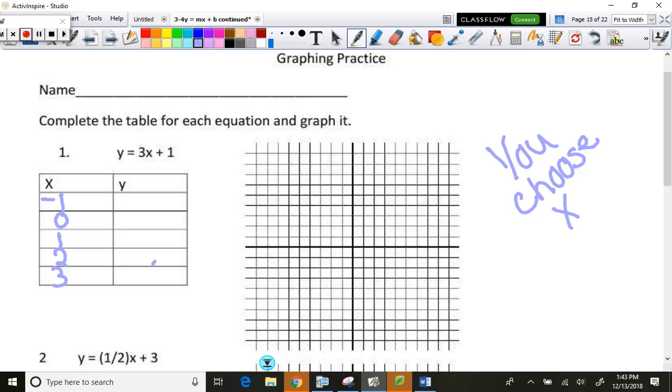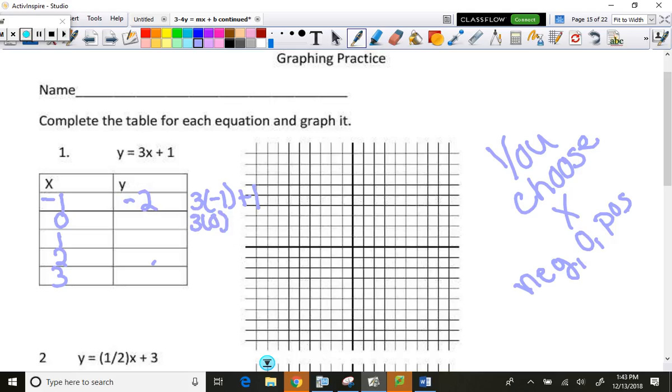When you choose the x, you should have negatives, 0, and positives. So now I calculate these by substituting this x value in for x. So it's 3 times negative 1 plus 1. So that gives me an answer of negative 2.